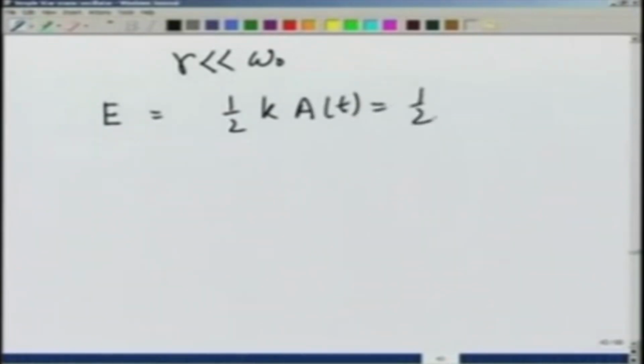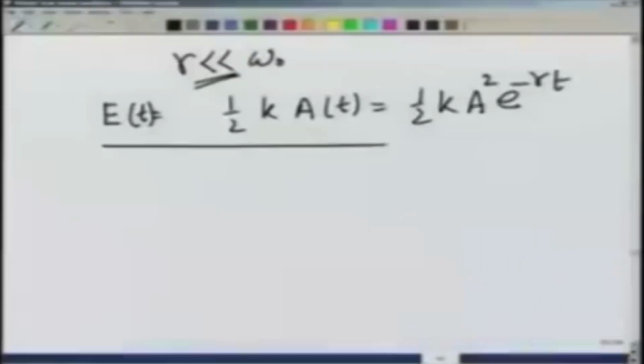And taking the approximation that gamma is much less than omega 0, you can write this energy as 1/2 k a(t) square, which is equal to 1/2 k a initial square times e raised to minus gamma t. So, the energy can be written in this form.